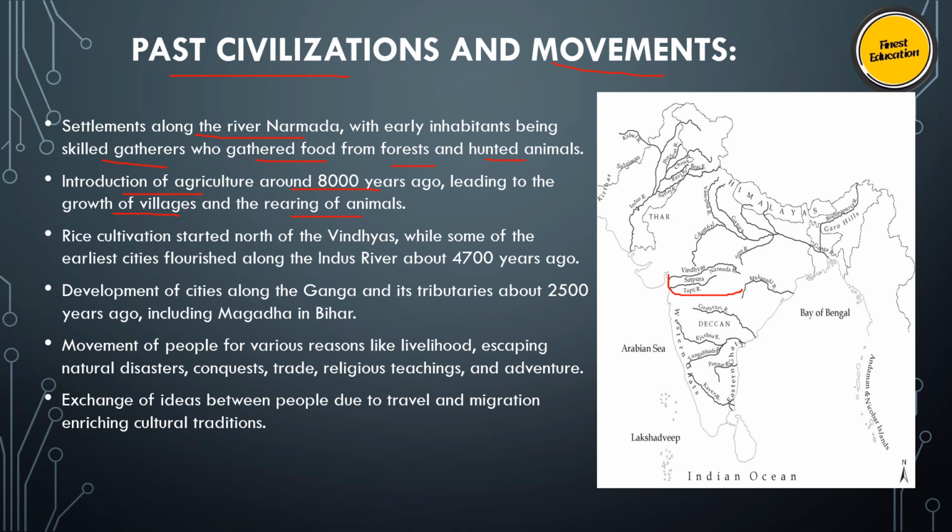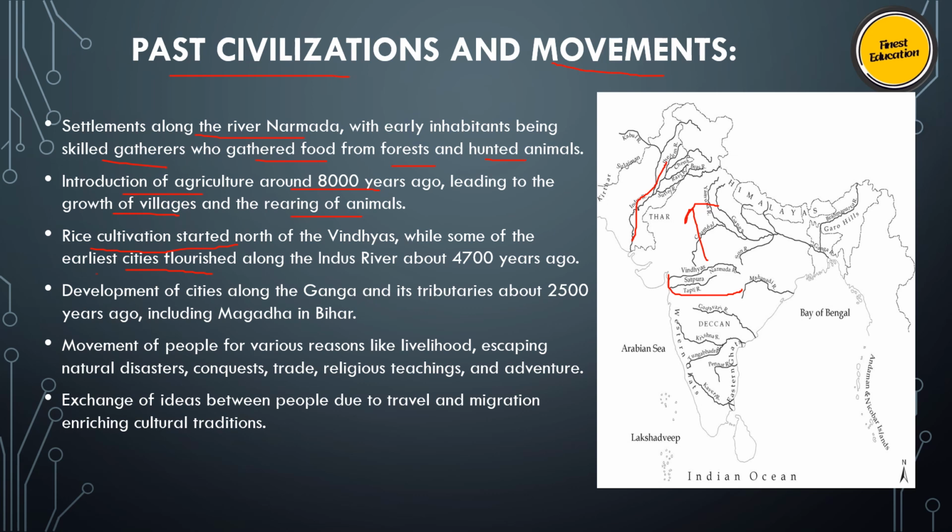It was believed that rice cultivation started in the north of the Vindhyas, and there was the emergence of new, flourishing cities around the Indus River, which is one of the important rivers flowing in Pakistan at present.